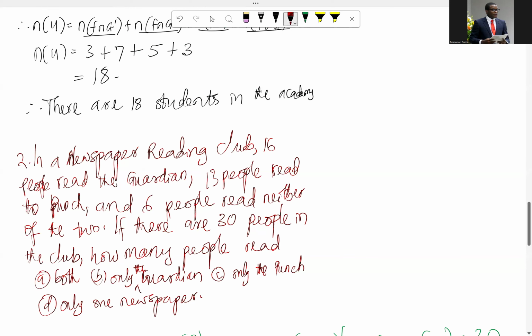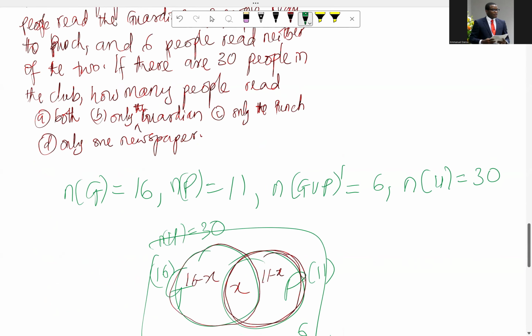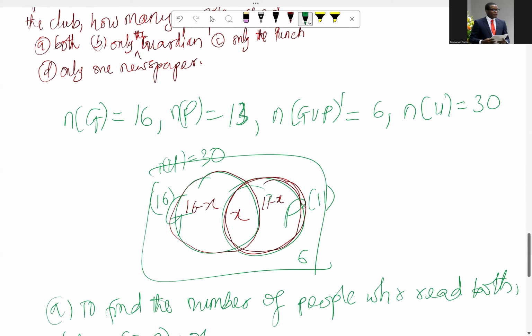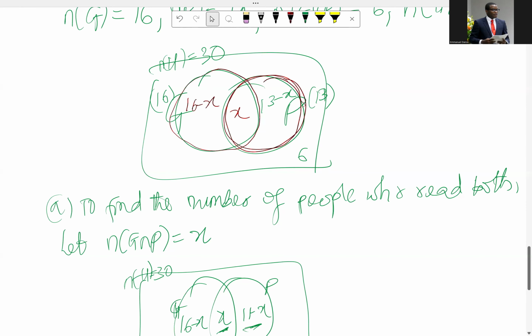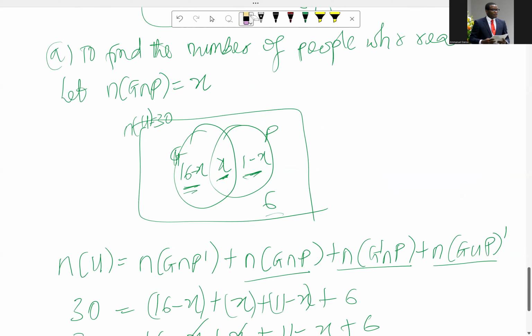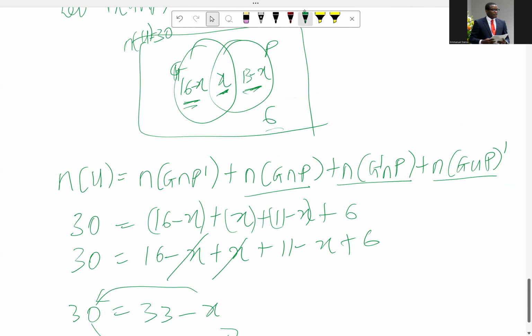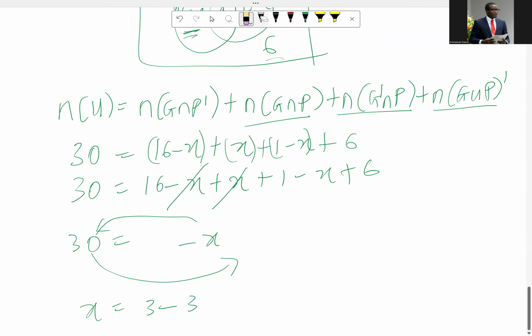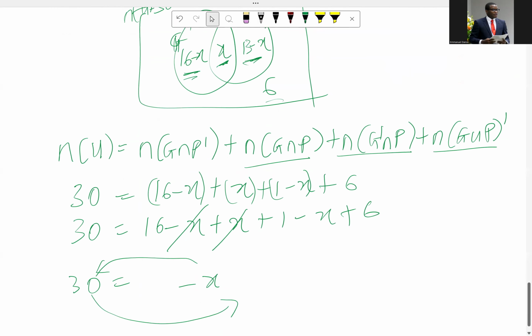So 13 people, not 11. So of course, this will be 13 minus x.